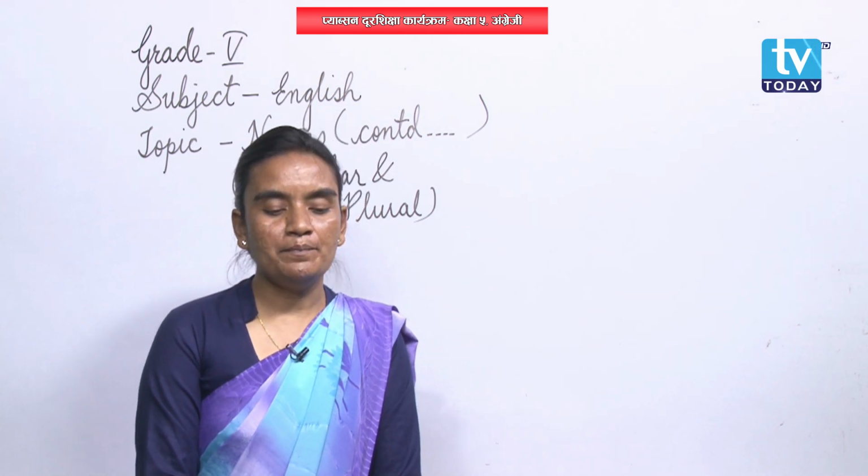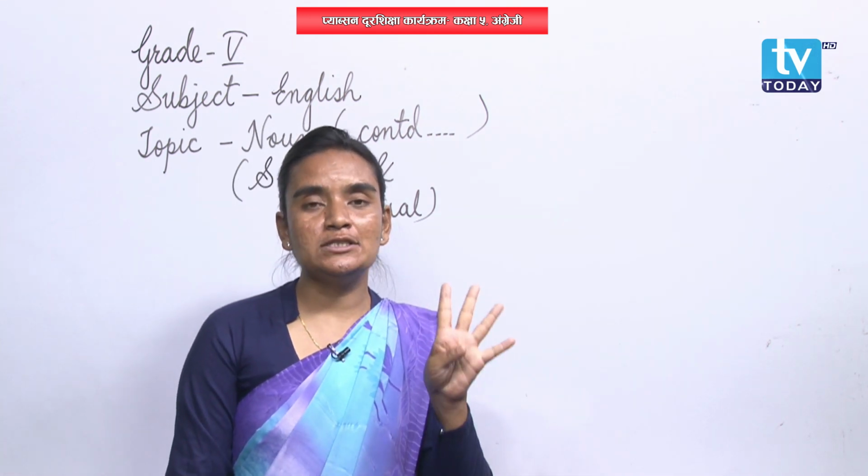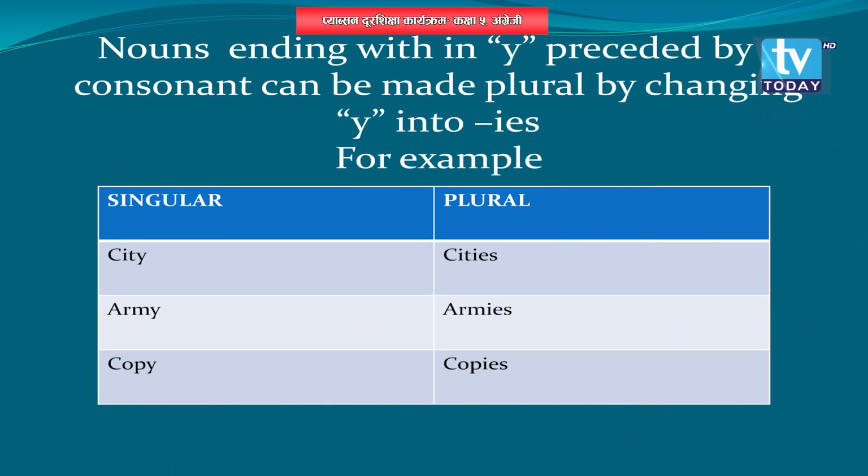The next one, that is the fourth rule for finding the transformation of singular into plural. The fourth rule is there, dear children. If the noun ends with Y preceded by a consonant, then it can be changed into its plural form by adding IES.